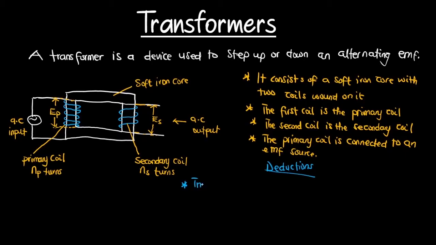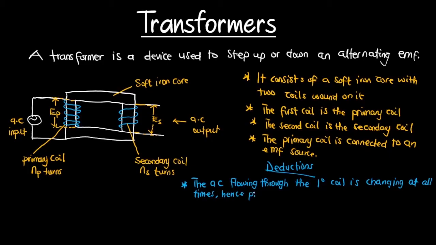So we are saying that the AC source or the AC flowing through the primary coil is changing at all times, hence it produces change in flux in the secondary coil.